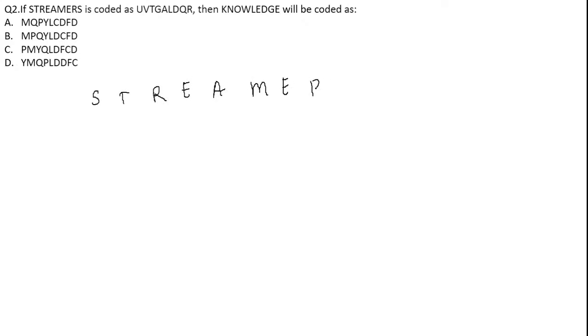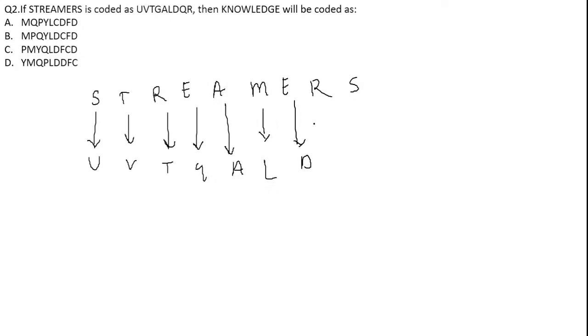And the coded string is given as U, V, T, G, A, L, D, Q and R. Now here we have to observe the strings given and find a pattern.